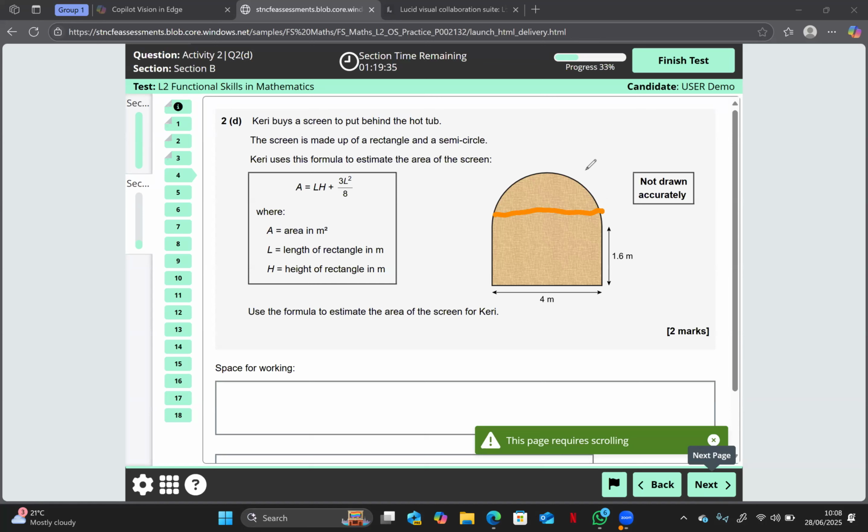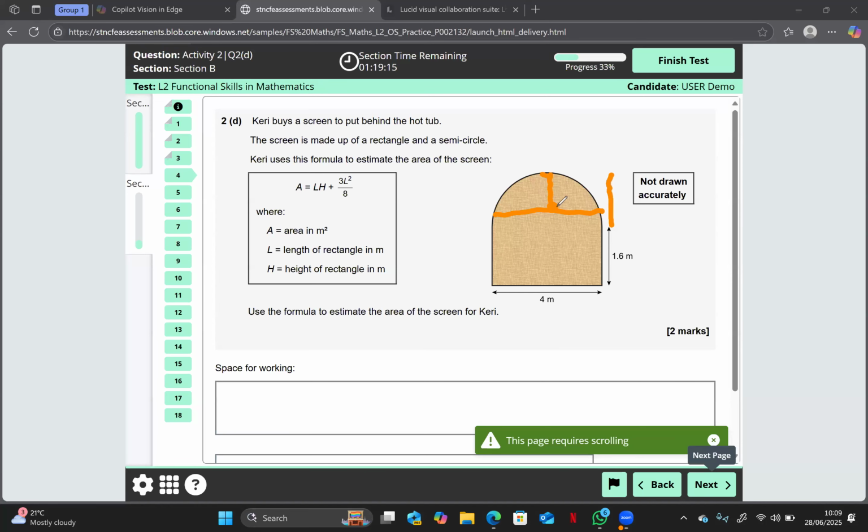To work out, we need to know the full height of this. So we need to work out this, which is actually a radius because it's half a circle.